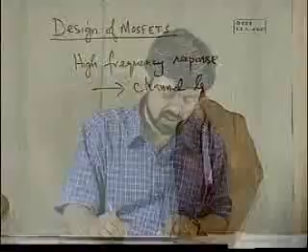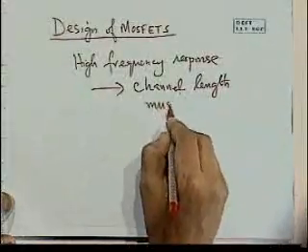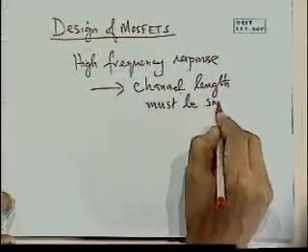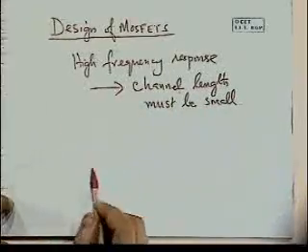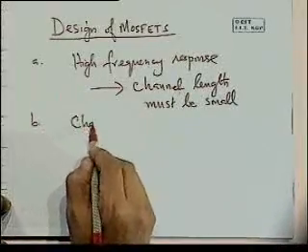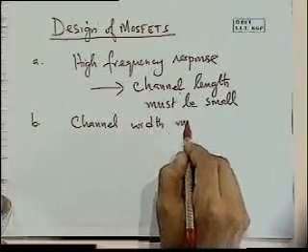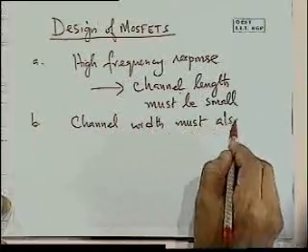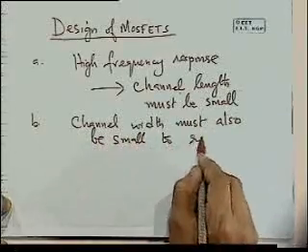So here's the channel length, that is the critical term, must be small. So when we design MOSFETs, we should keep channel length small. The other thing to remember is that the channel width must be also small, to reduce the area of the device.